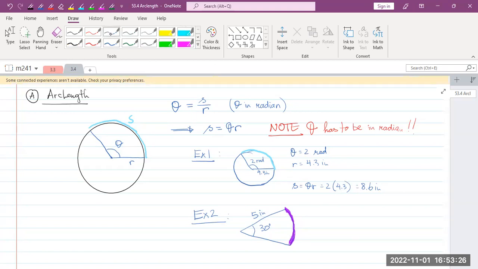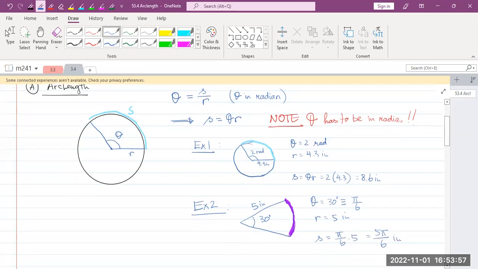Theta equals 30 degrees, which is equal to pi over 6 in radian. Now, 30 degrees happens to be a special angle, and we happen to know what the angle is in radian. The radius is 5 inches, so the arc length will be pi over 6 times 5 inches. That's 5 pi over 6 inches.